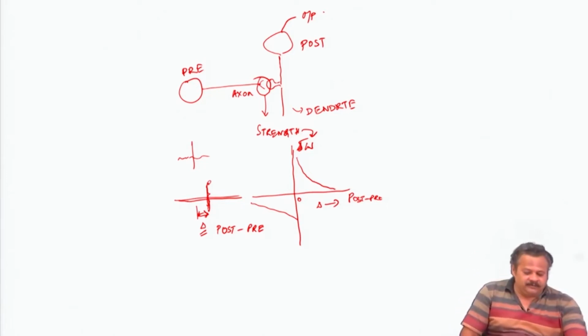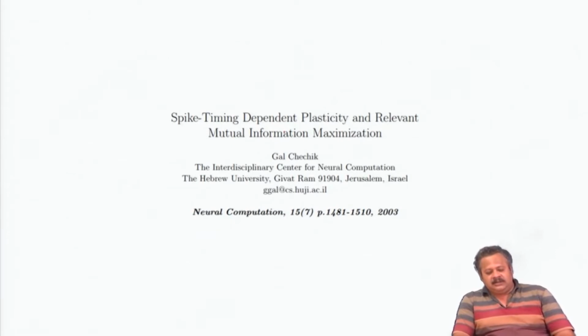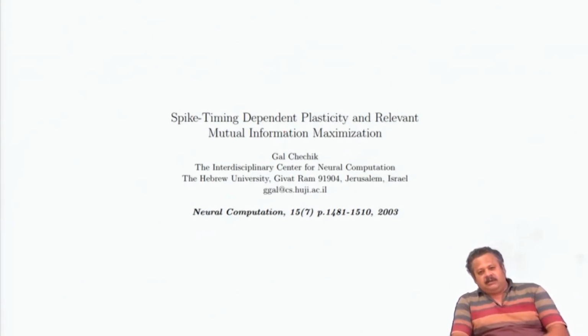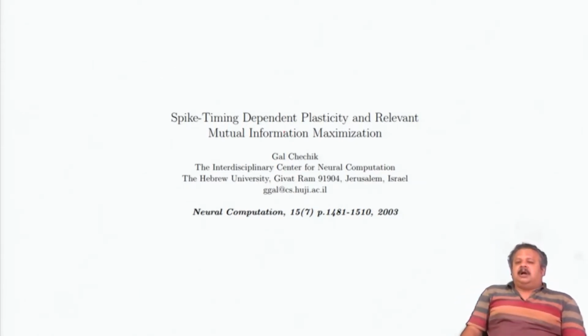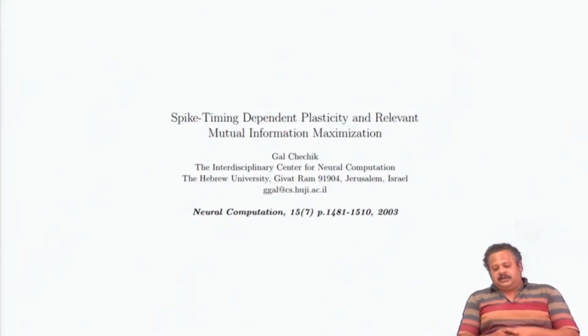And so the first work regarding this was by Chechik about 20 years ago. This is the first time such work was done, and the work that Chechik did showed that if relevant mutual information between the input and output is maximized, then the spike timing dependent plasticity rule emerges, just like we have been talking about what receptive field emerges for minimal activity and maximum information retention.